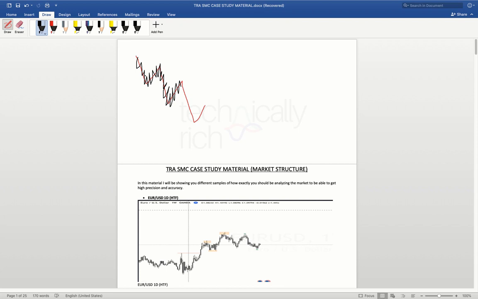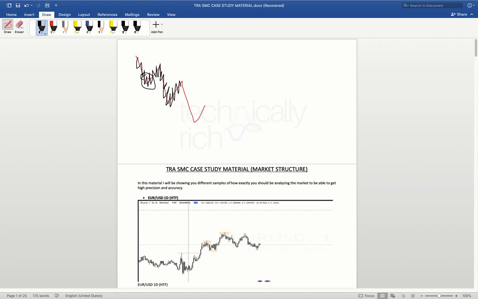Now when it gets to somewhere like this area, which is the higher time frame low, which happens to be the 1 day low, you notice that on the intraday you are going to have a break of structure that will change the intraday from downtrend to uptrend. But that doesn't mean the overall trend is bullish now.